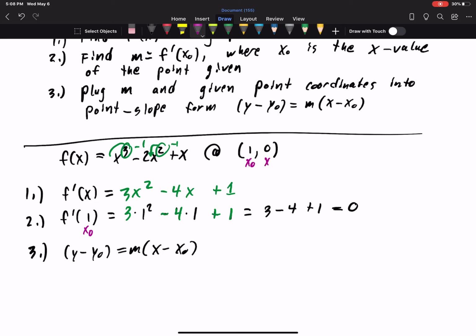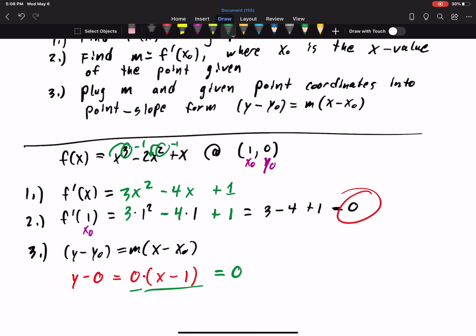Our y0 is the corresponding y value, which is 0. M was our slope, 0, so we put 0 there. Then we have x minus x0, and x0 was 1. Notice on the right-hand side, we have 0 times the quantity x minus 1. 0 times anything is just 0.